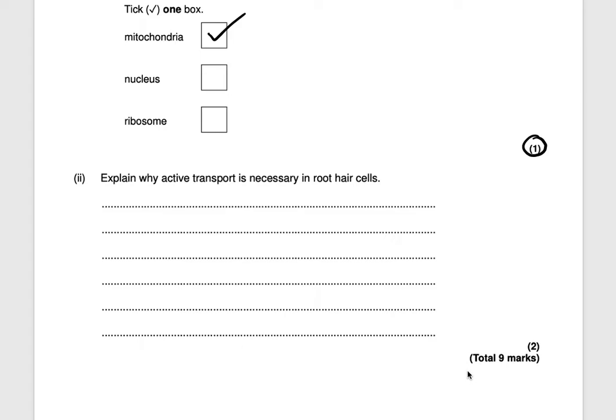Okay, final question now. Explain why active transport is necessary in root hair cells, and it's worth 2 marks. So active transport is needed to move the ions and the sugars through the cell.